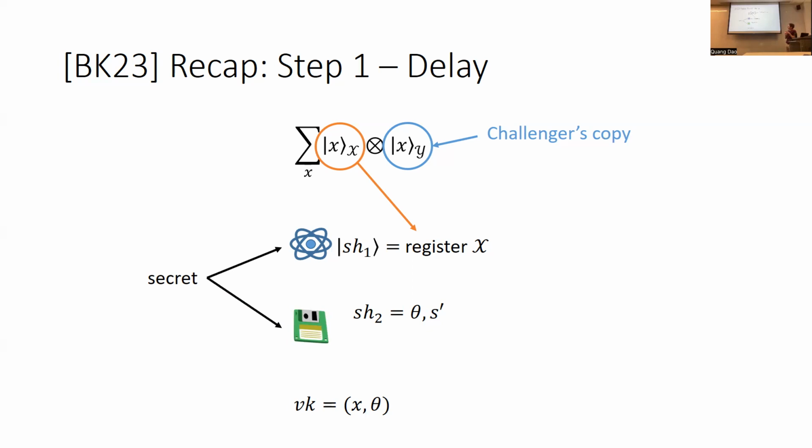And the second thing that's really nice is the challenger's copy is going to mirror the adversary's copy for the first measurement that's made. So what this means is that for all intents and purposes, the challenger's copy is exactly whatever share the adversary ends up with.